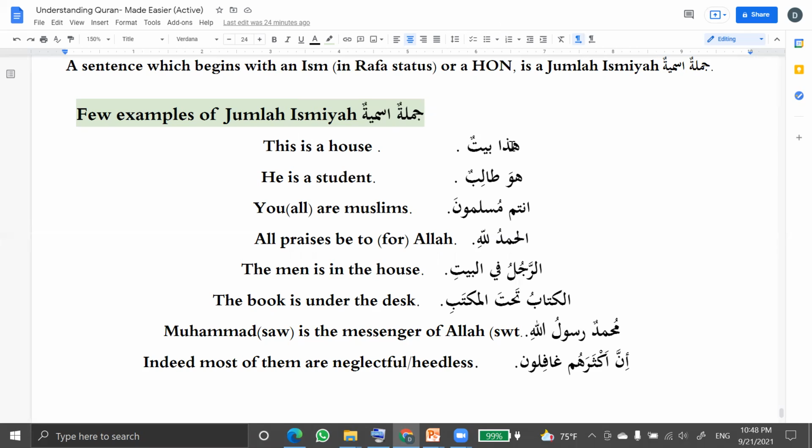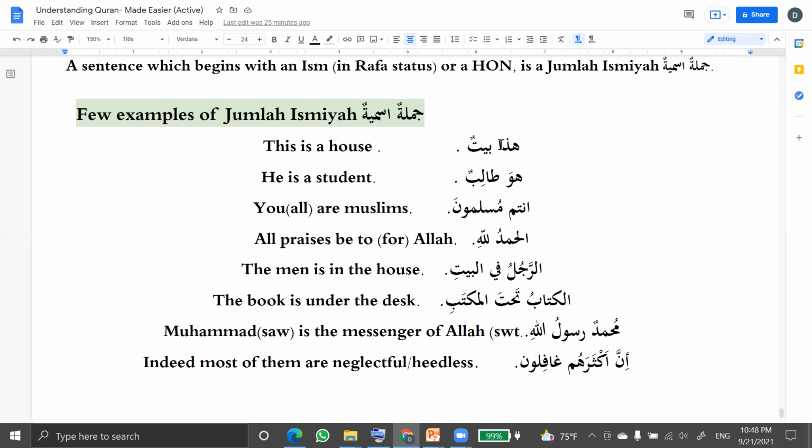Hadha is ism ishara. So this is ism. So the sentence is beginning with ism. And hadha is ism ishara, and which type of ism? Flexible or non-flexible, or fixed? Yes, this is fixed.